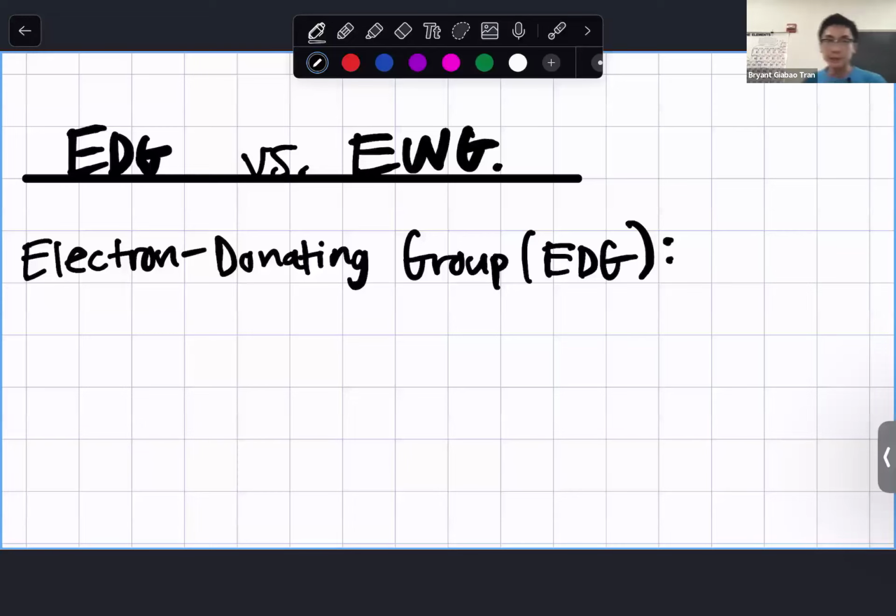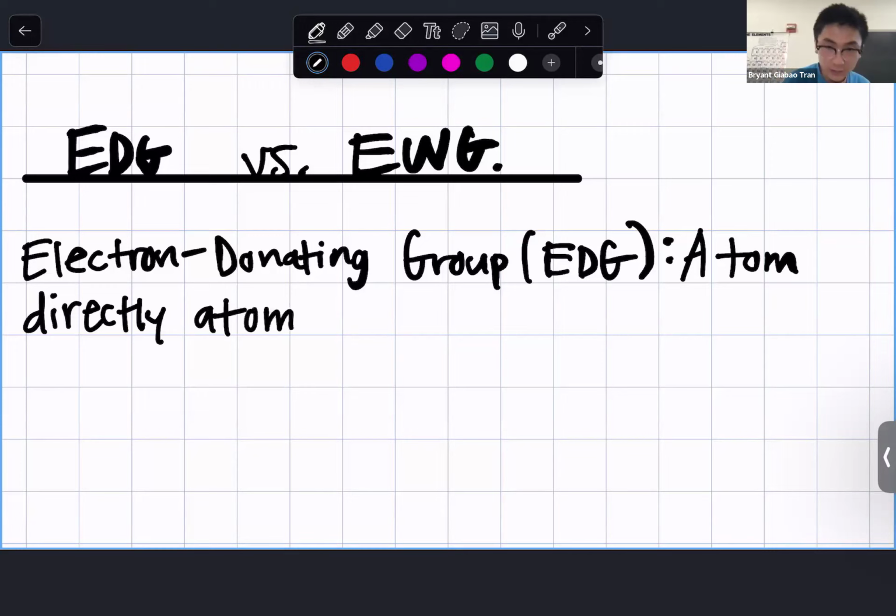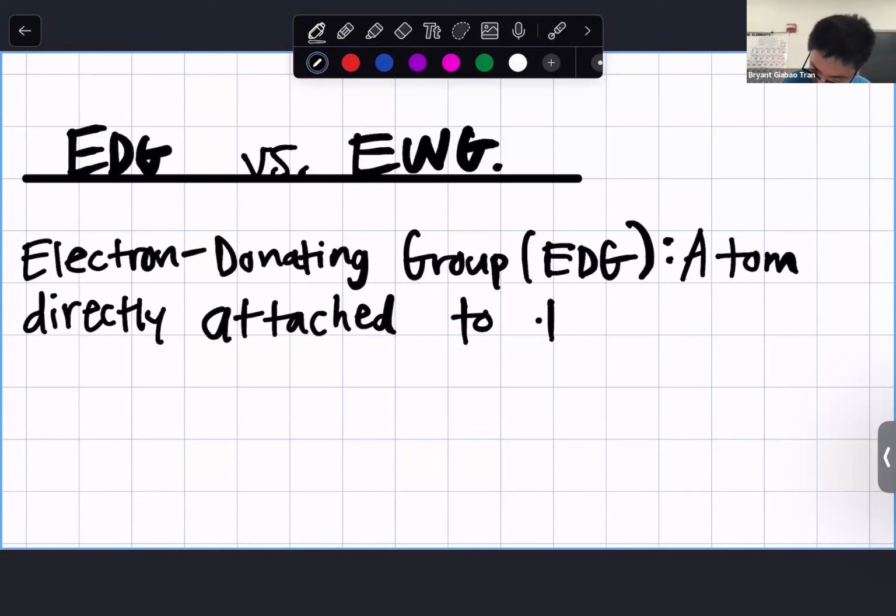So to tell if something is an EDG or EWG, look at the atom directly attached to the system, either the diene or dienophile.